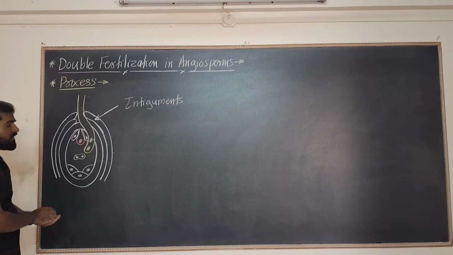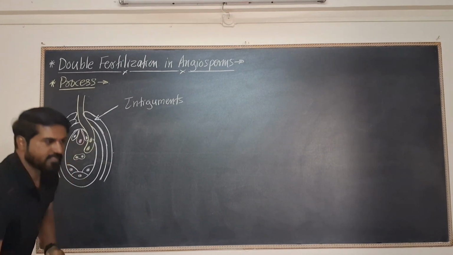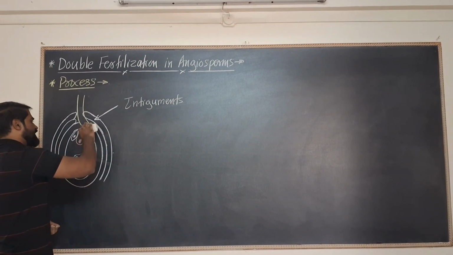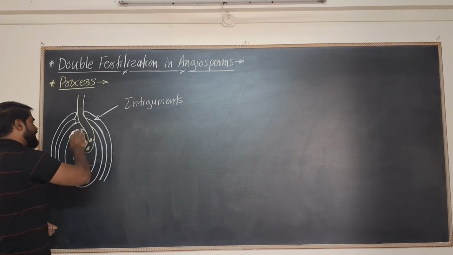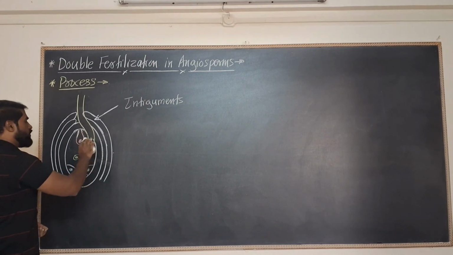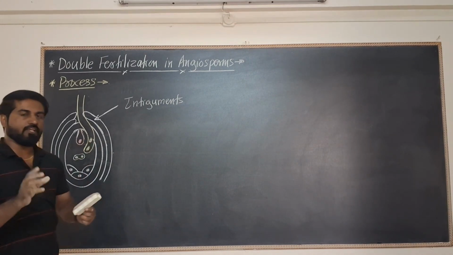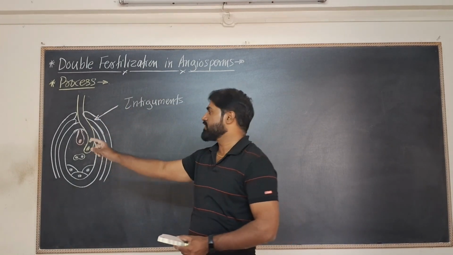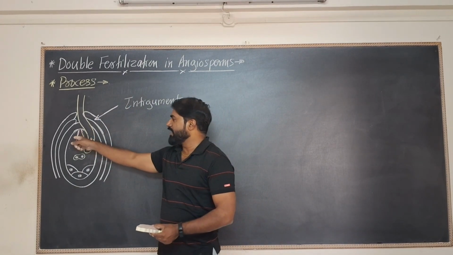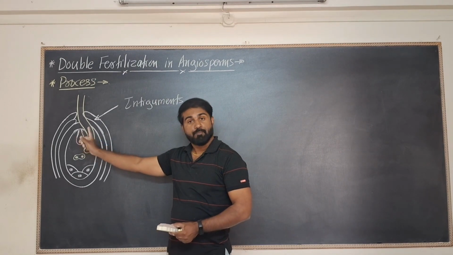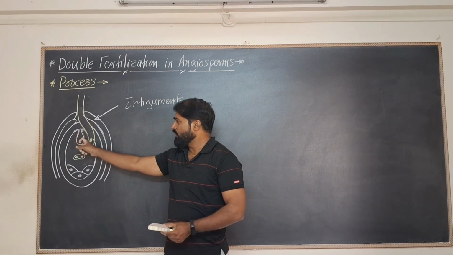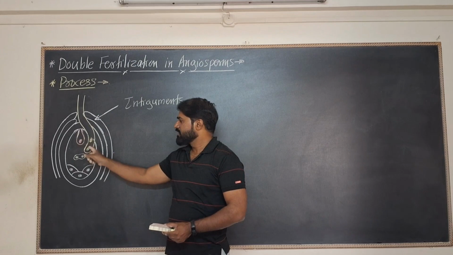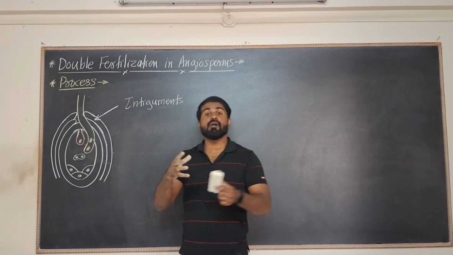Now what happens? The synergids get degenerated and they produce a liquid. As pollen tube is very long and delicate structure, the pollen tube will absorb the liquid developed after the degeneration of the synergids, and because of the needle-like filiform apparatus present surrounding the egg apparatus, the tip of the pollen tube gets burst open.